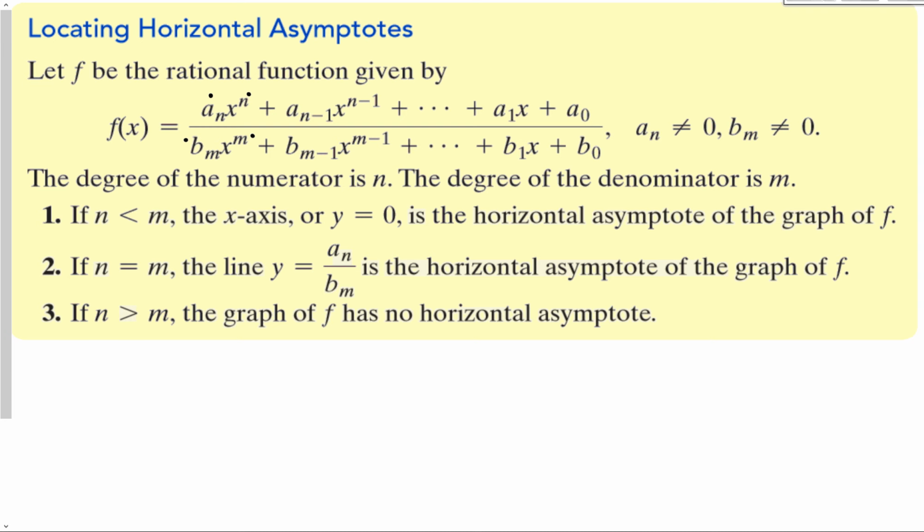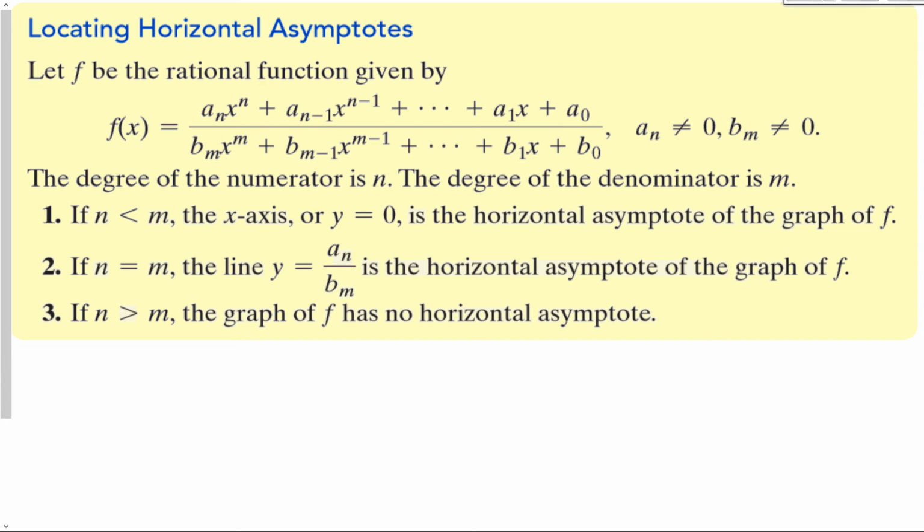What you're going to do is look at the leading coefficients, the leading terms. The degree of the numerator is the biggest exponent, which is this one. The degree of the denominator is the biggest exponent, which is that one.